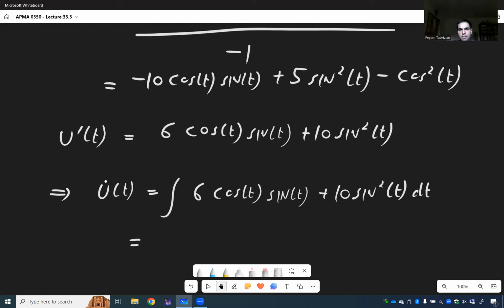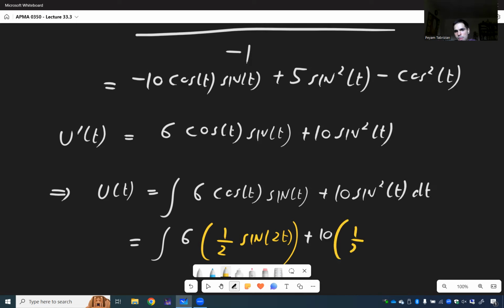And here we need to use our trig laws. So cosine sine, that smells like sine of 2t. So it's 6 times 1/2 sine of 2t. And then the sine squared t, so there's a minus involved. So in this case, it's 1/2 minus 1/2 cosine 2t.